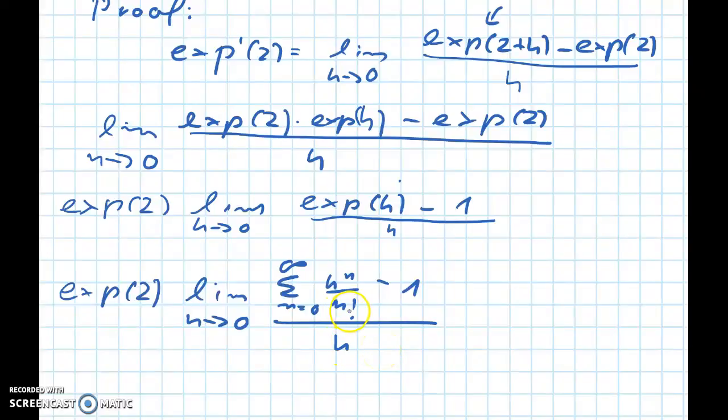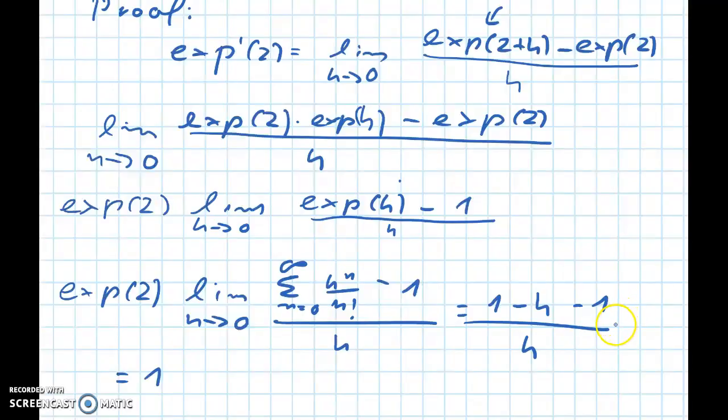And now we look at this limit and we get 1 plus h minus 1 divided by h, which is 1.